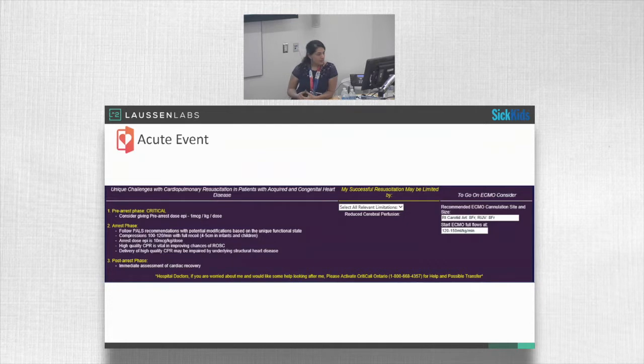And then towards the end, one of the other issues that I talked about was around guidance in the setting of acute events.